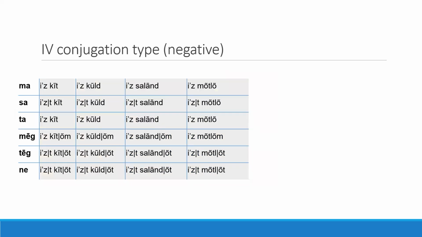And the final type is the one that didn't have anything peculiar going on in the present, and neither is it here in the negative forms in the past, but again, you are just taking it from the present paradigm. It could be, I didn't say, so ma is kiit, and I don't say ma ät kiit. So sa is kiit, ta is kiit. So this is more or less about this past.